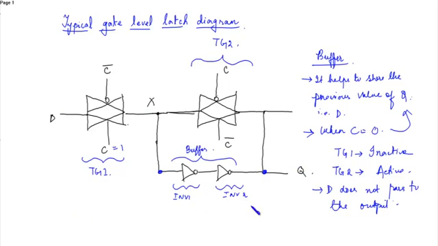So this was the gate level diagram of a CMOS latch. Now let's see the schematic diagram by using the PMOS and NMOS.